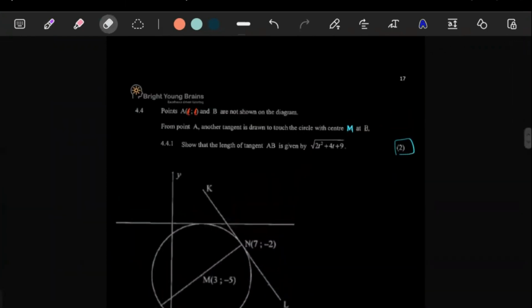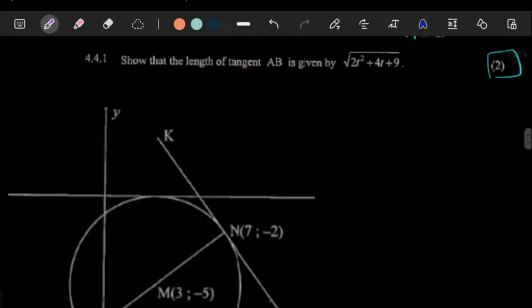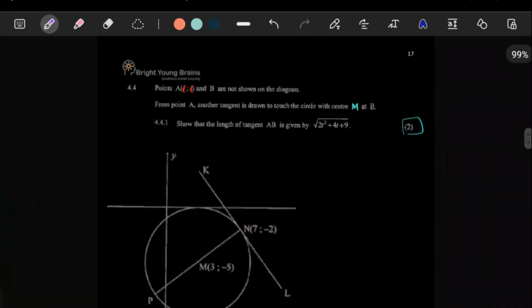If A and B have the same X value and the same Y value, it means that the point A can only be on this line here, you see? Let's just finish the whole thing. It means that the equation of our tangent is just y is equal to x.